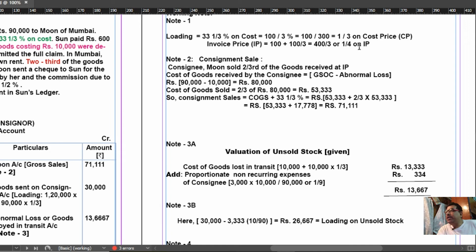Naturally, we know that invoice price is equal to 100 plus 100 by 3, that is 400 by 3, that is 400 by 300, naturally. Or 300 plus 400.